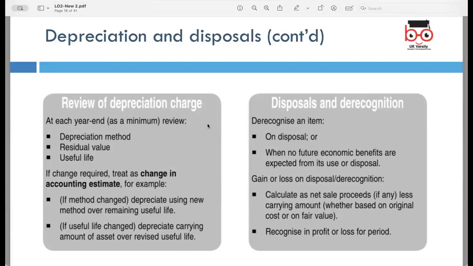So in method changes, if the depreciation method changes, the new method should be applied to the remaining useful life of the asset. Changes in useful life: if the useful life changes, the carrying amount of the asset should be depreciated over the revised useful life.